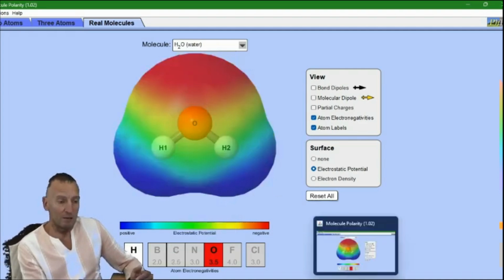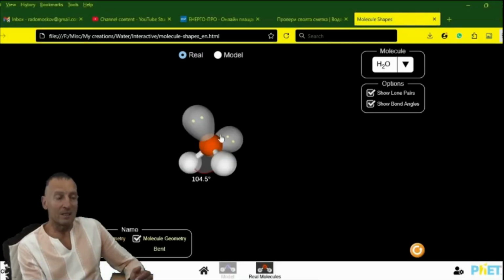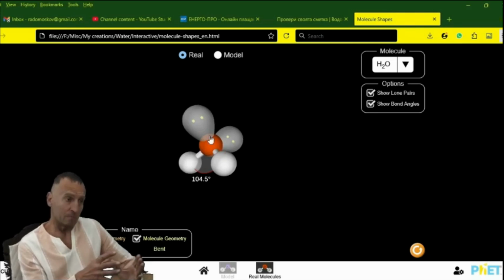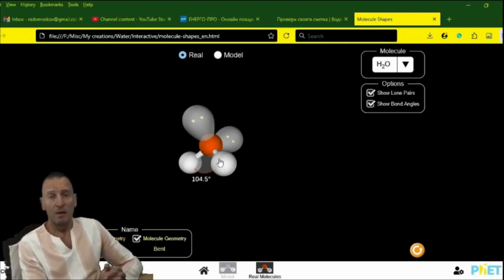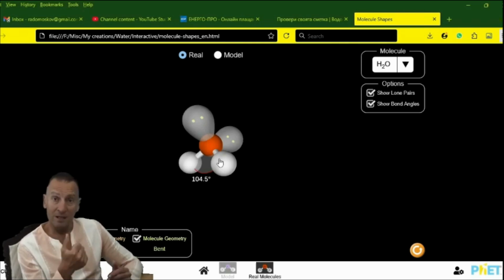we can see here the three-dimensional model of this molecule of water. How we show it like this is not done by the valence theory. This is done by the valence shell electron pair repulsion theory.